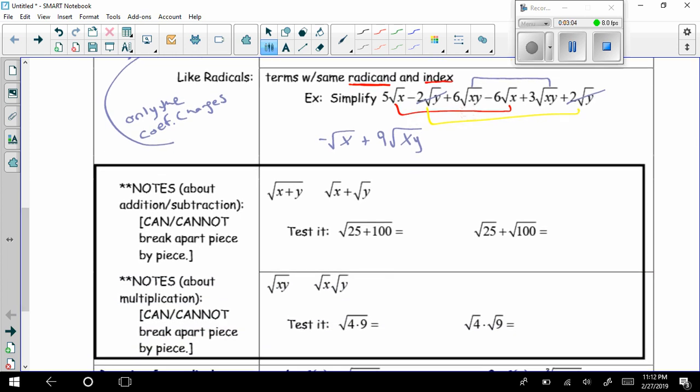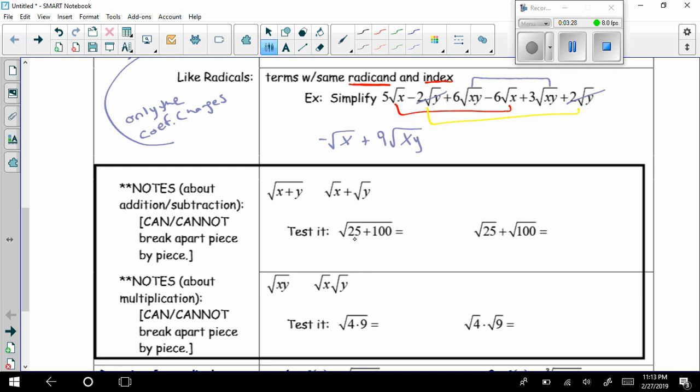All right, so last lesson we talked about the product rule and the quotient rule. I want to make sure you don't get those mixed up with addition and subtraction. So here we have x plus y and root x plus root y. I want you to see here that if I do these, will you get the same result if you split them up?